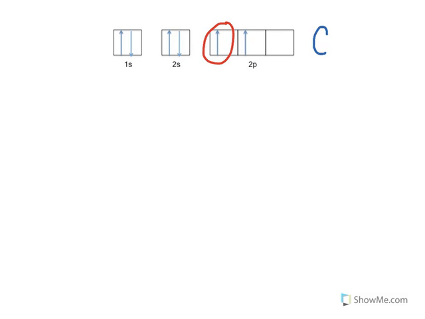What we want to do is try to write out the address, or the quantum numbers, for that particular electron. So I've listed out what the 4 quantum number designations are, and we will go ahead and figure out how to fill this out.